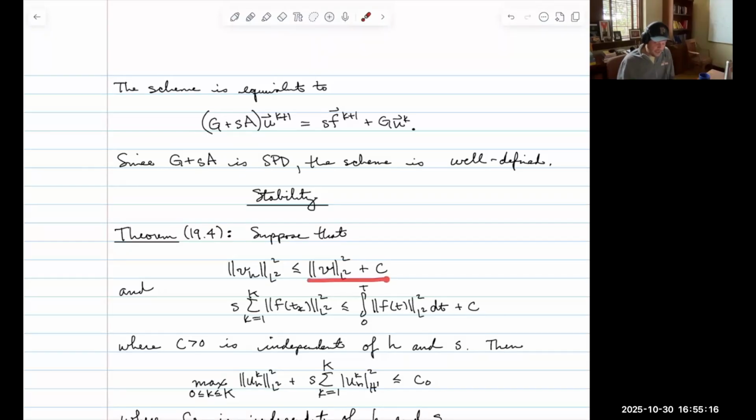So this is going to be independent of H. And as we said before, we might be able to get away with, instead of C being strictly greater than 0, C greater than or equal to 0. I can tell you in many cases, I can just set this one here equal to 0.